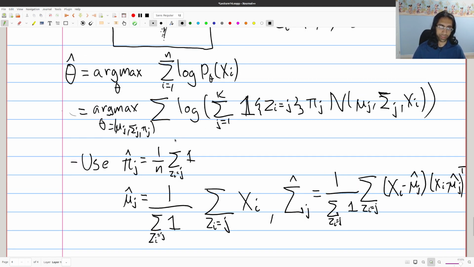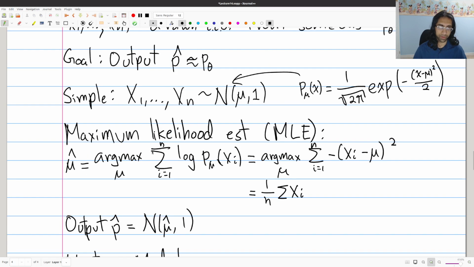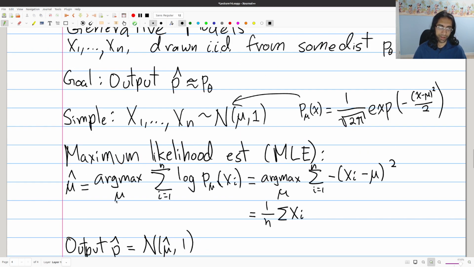So, there's a lot of writing to say really not too much, but the point is that if we knew which component each point belonged to, that simplifies to essentially the problem we already solved. When we were doing just Gaussian mean estimation, all we had to do was take the empirical mean, and that was the best estimate we could get of the mean.